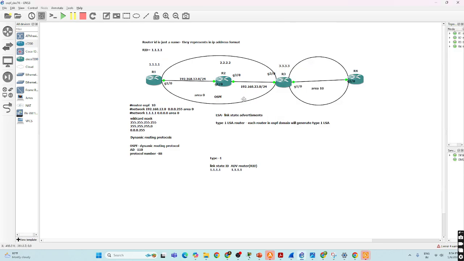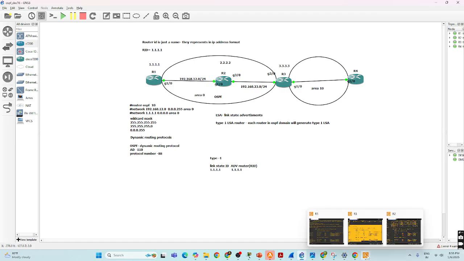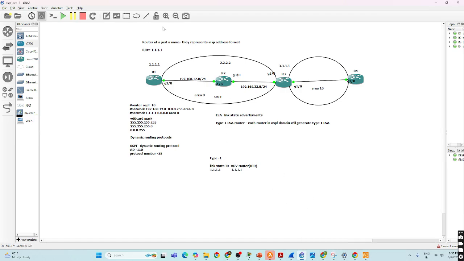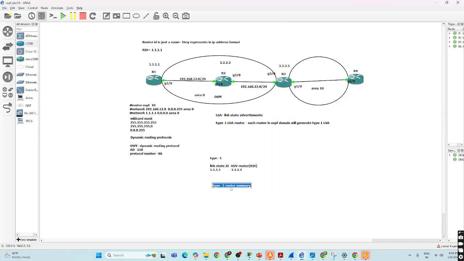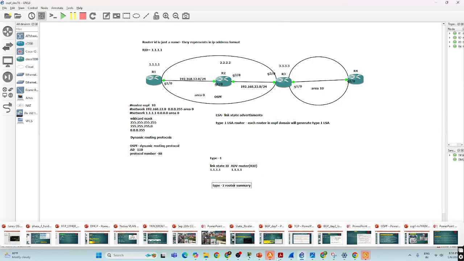So this is type 1 LSA, and whatever the links are, the links 12.0, 13.0 and 23.0, these are called type 2 LSAs. What do we call type 2 LSAs? Sorry, it's the network link LSA.